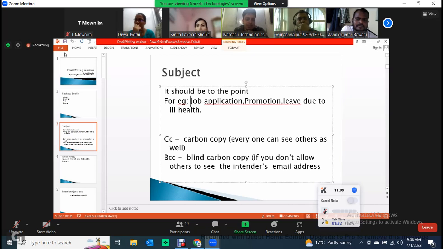Now the world is changing. HR receives hundreds or thousands of mails, and they have not done any data science course to put your data through data mining and get exactly what you mean. So obviously, just write to the point.